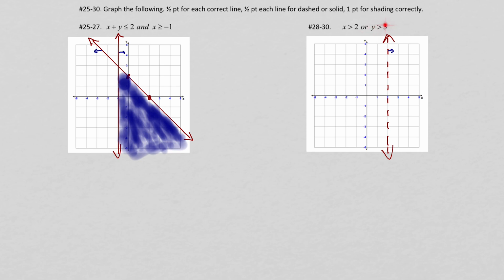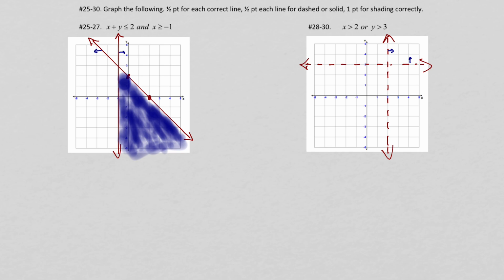Then y is greater than 3 is a horizontal line through 3. And again, there's no equal sign, so I'm going to draw a dashed line. And I'm going to be shading on the greater side of this, so the upper side. And because it's an or, I'm not looking for the intersection. I'm looking for anything and everything that could be shaded.